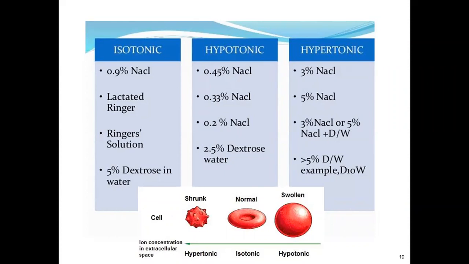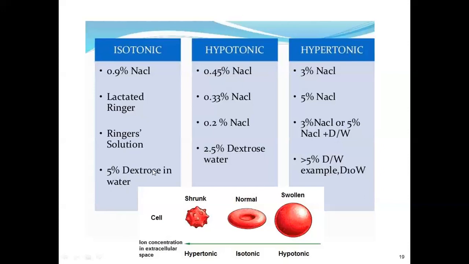Or 5% dextrose, like here, or more than 5% dextrose in water, or 5% dextrose in lactated Ringer's, 5% dextrose in 0.45% saline, or 5% dextrose in 0.9% saline, or 10% dextrose in water.